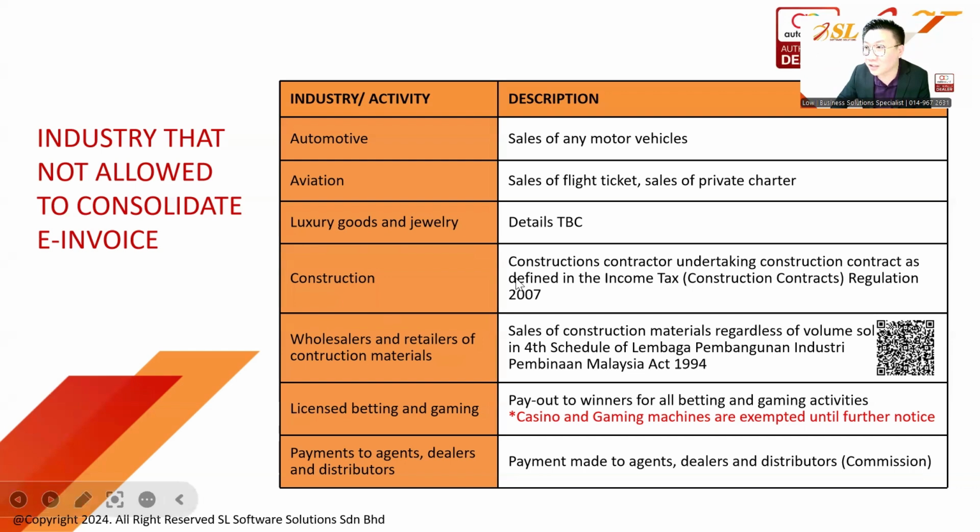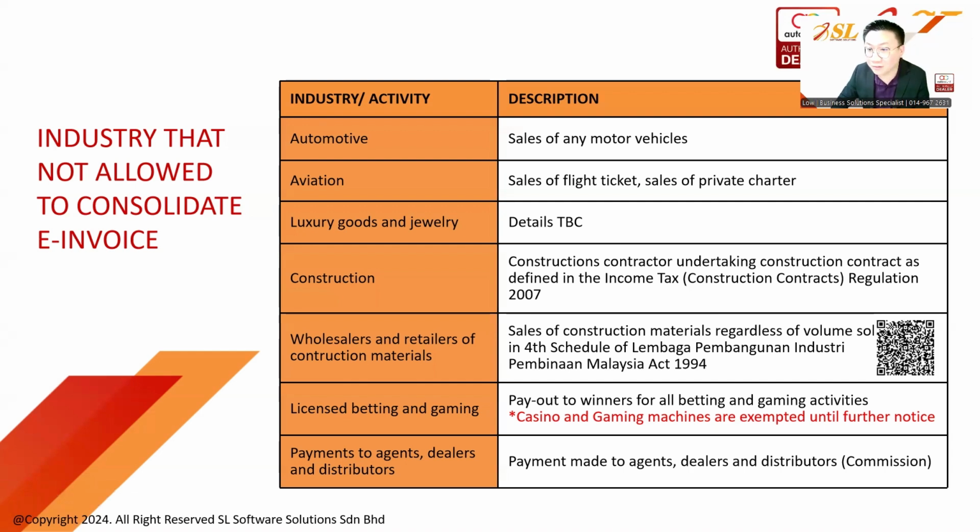And then the construction business, under the income tax construction regulation contract. This act makes it compulsory to provide the details of the buyers. And then wholesale and retail of construction material, hardware shops. If the hardware shop sells construction material, as long as the item falls under this fourth schedule, you need the customer's IC.